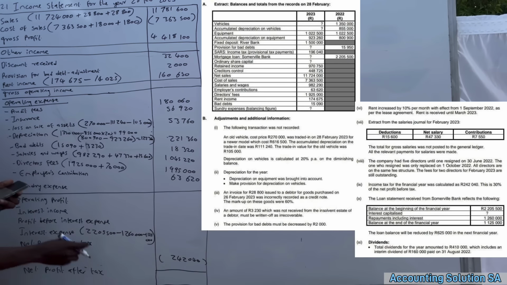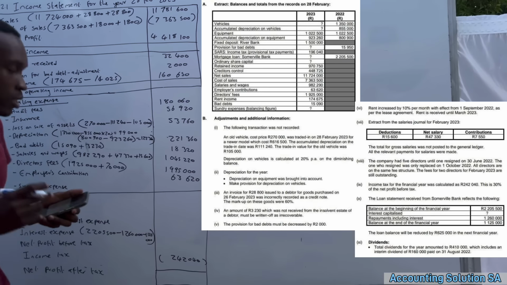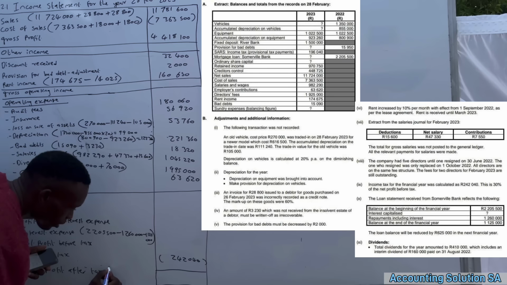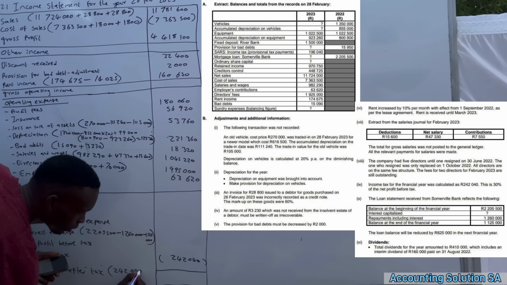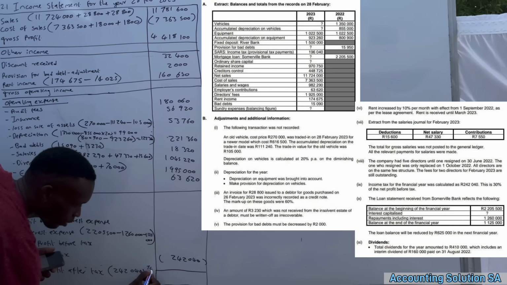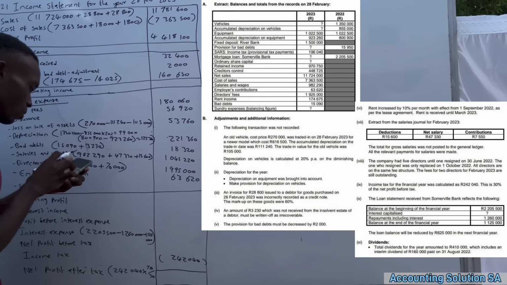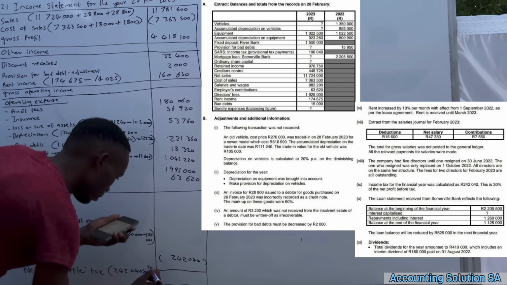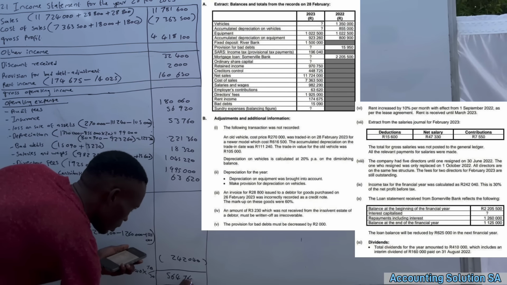And they say net profit after tax is 30% of net profit before tax, which means that we can calculate it by this amount, 242,040 multiplied by, we are looking for after tax, which is 70% by 30%. It's going to give us an amount of 564,760.